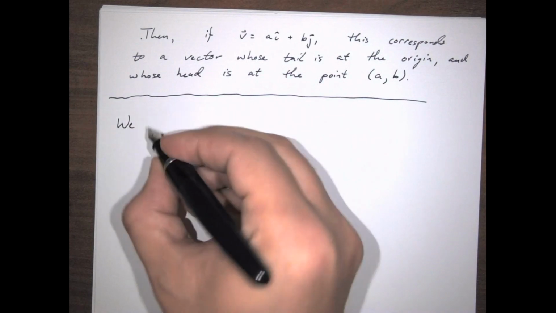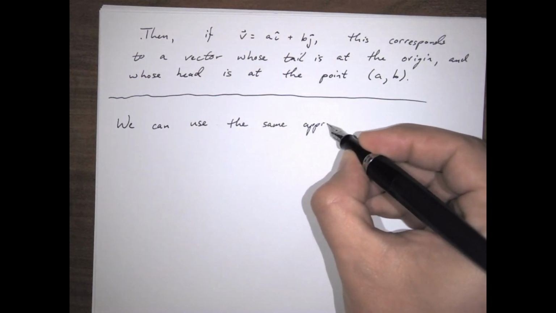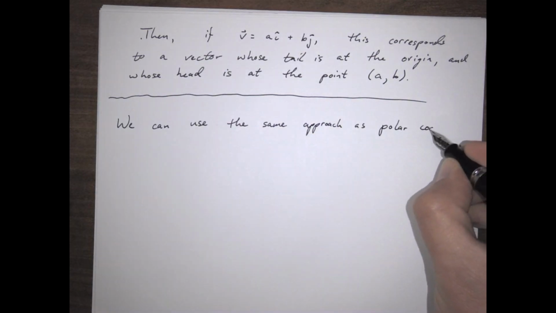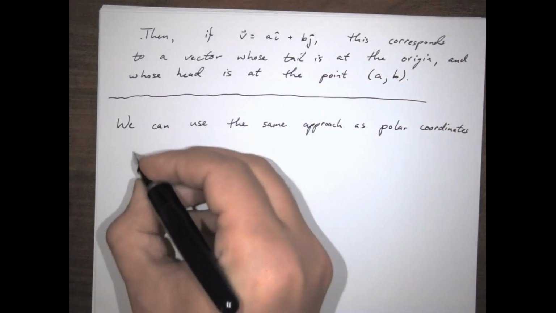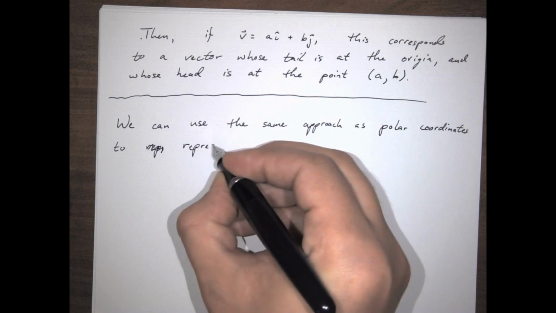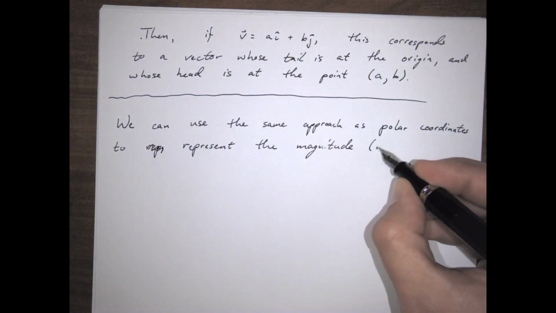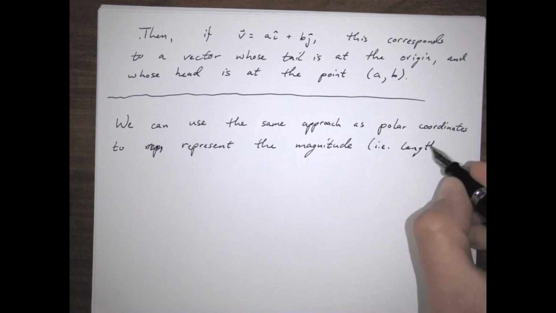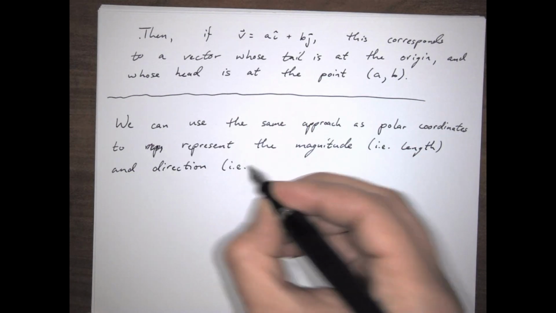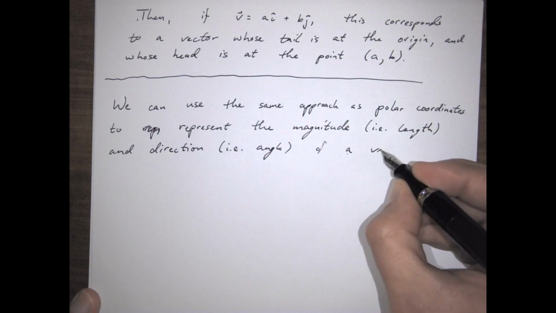So we can use the same approach as polar coordinates to represent the magnitude, i.e. length, and direction, i.e. angle, of a vector.